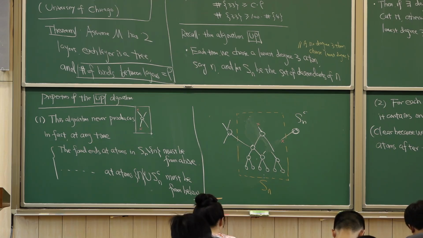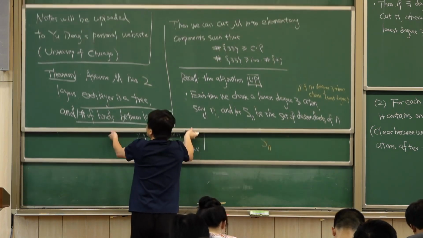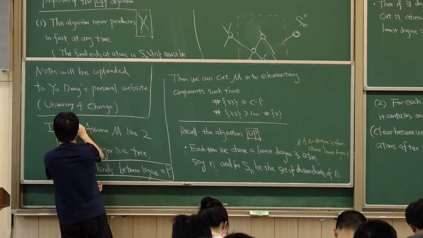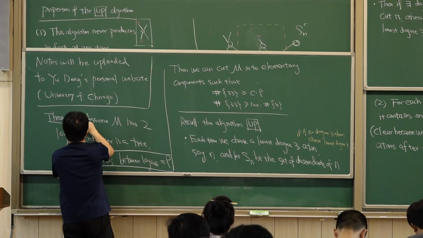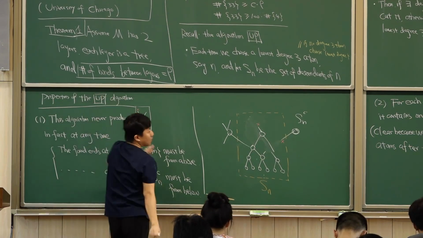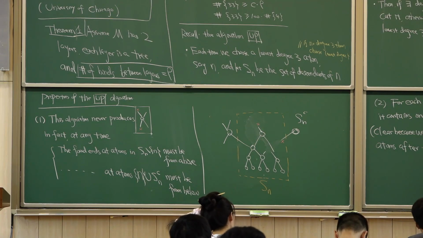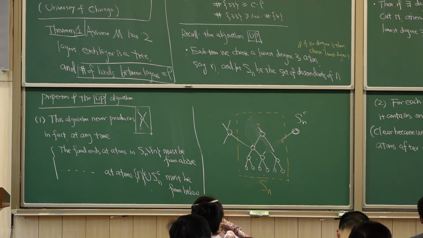The theorem is theorem 1. Let's call it theorem 1 anyway. So that would be the number of atoms that are connected to two atoms in the upper layer.